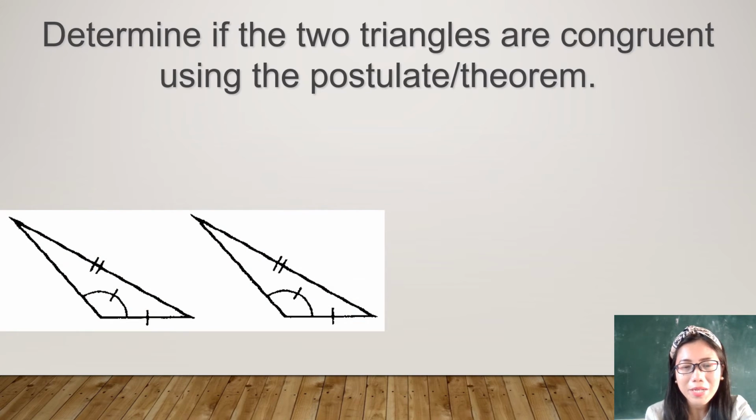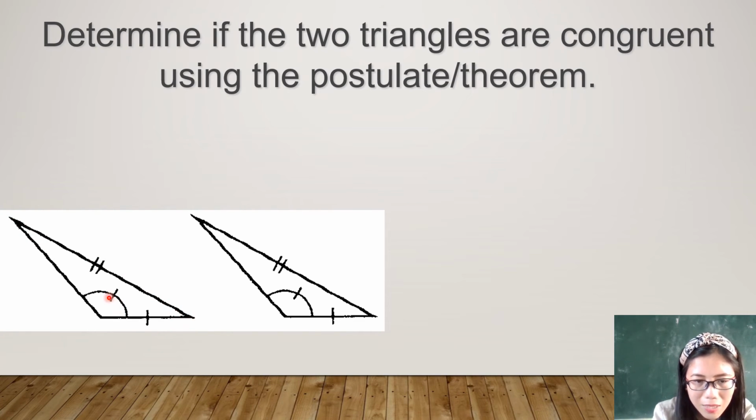Okay, let's have the third example. Given this triangle, you have an angle with one hash mark, and another angle here, one hash mark also. This side, one hash mark, is congruent to this side. And this side with two hash marks is congruent to this corresponding side.